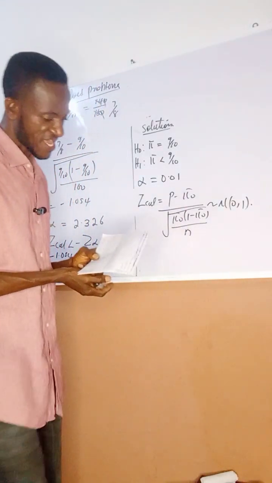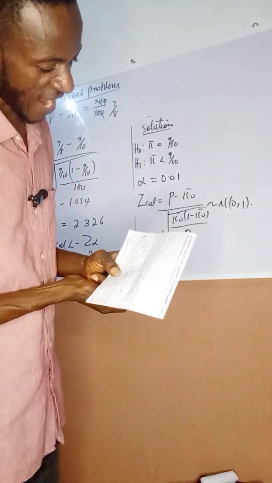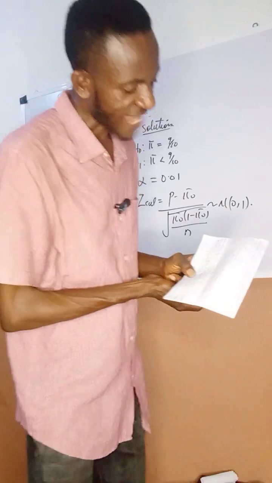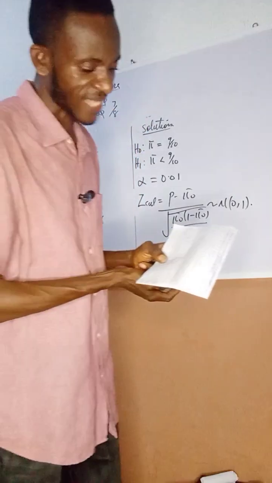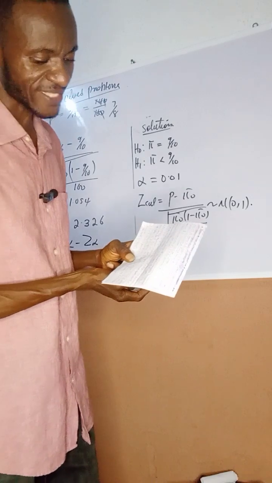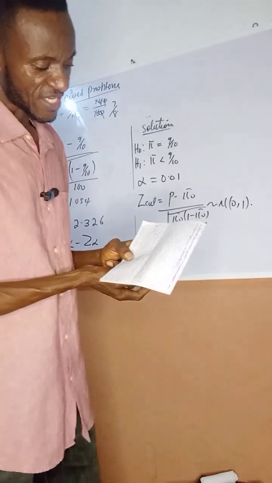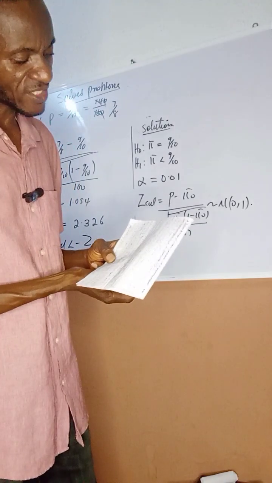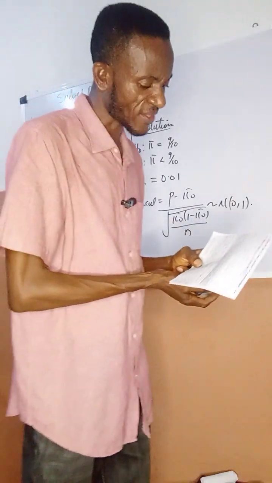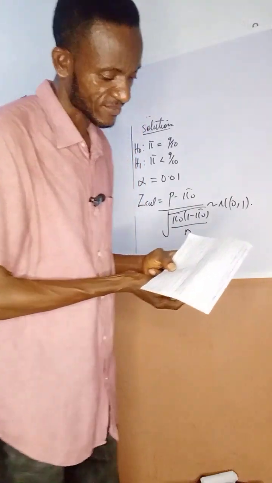I repeat the question so that you can take it down very well. A director of a given government parastatal said that 70% of employers are men. In a random sample of 184 employers, 135 are men.